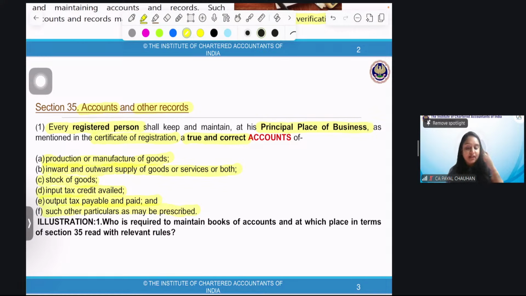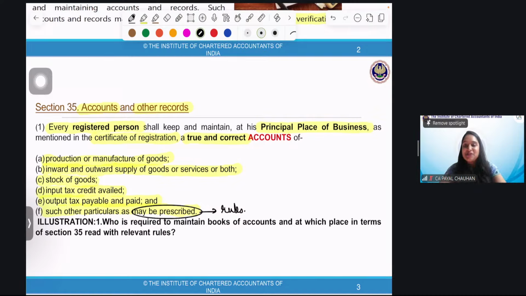And you very well know, wherever we have the words as may be prescribed, what does it mean? Yes, it means there might be some rules applicable.